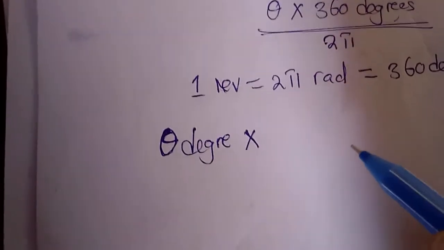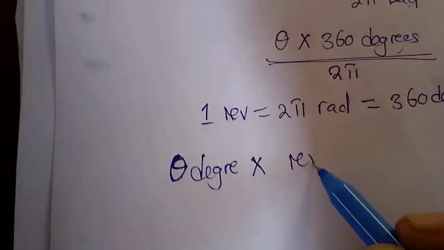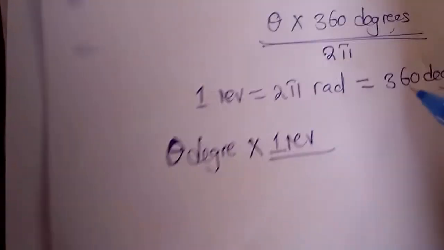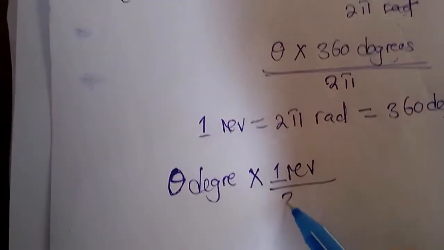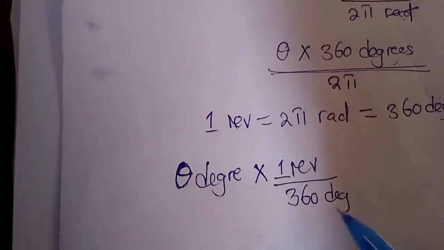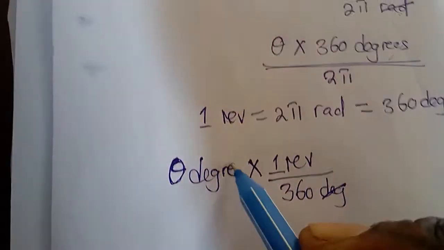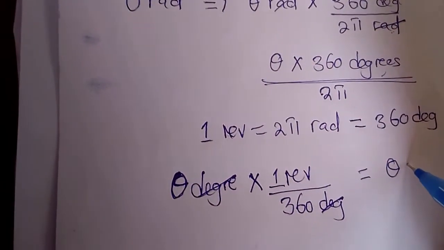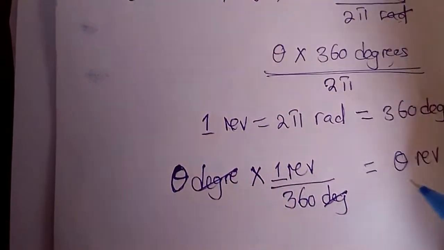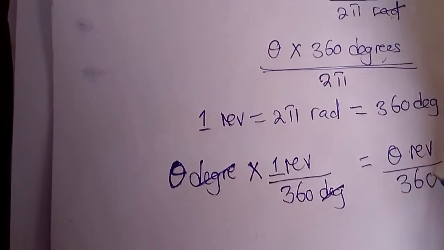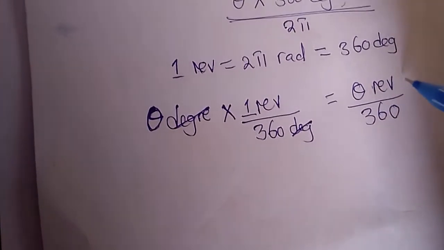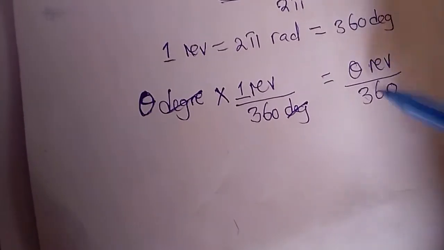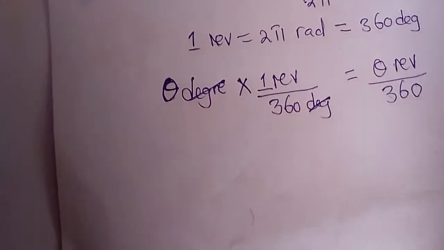I want to end up with revolutions, so I can change that to revolutions divided by, so one revolution is equivalent to 360 degrees here, so we divide by 360 degrees, so that the degrees will divide through, and then I'll remain with theta revolutions divided by 360. So whatever value you are going to get, it will be in revolutions, because these are simply magnitudes. We do not have any other units apart from the revolution. So that's that if you want to convert.